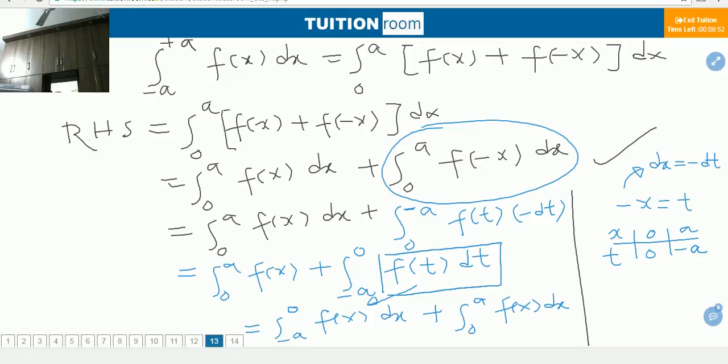So students, I have taught you this property of definite integral.